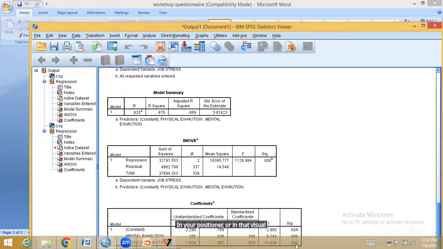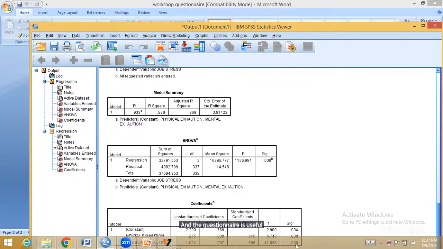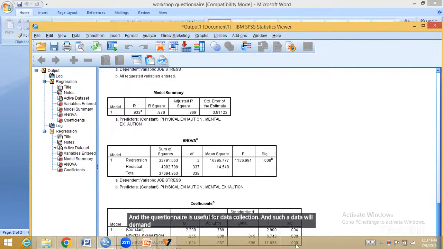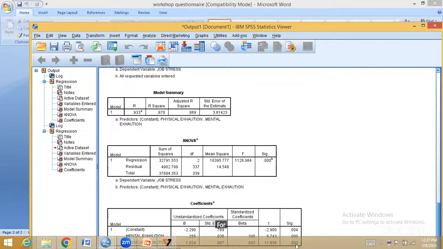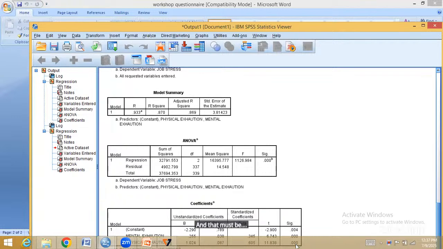So that is why use of appropriate scale for the measurement of appropriate variables in your questionnaire matters, and the questionnaire is used for data collection, and such data will demand the relevant statistical method for testing of your hypothesis. So you will be very careful in drafting the questionnaire in which you have many variables, both dependent and independent, and that must be measured by using appropriate scale.